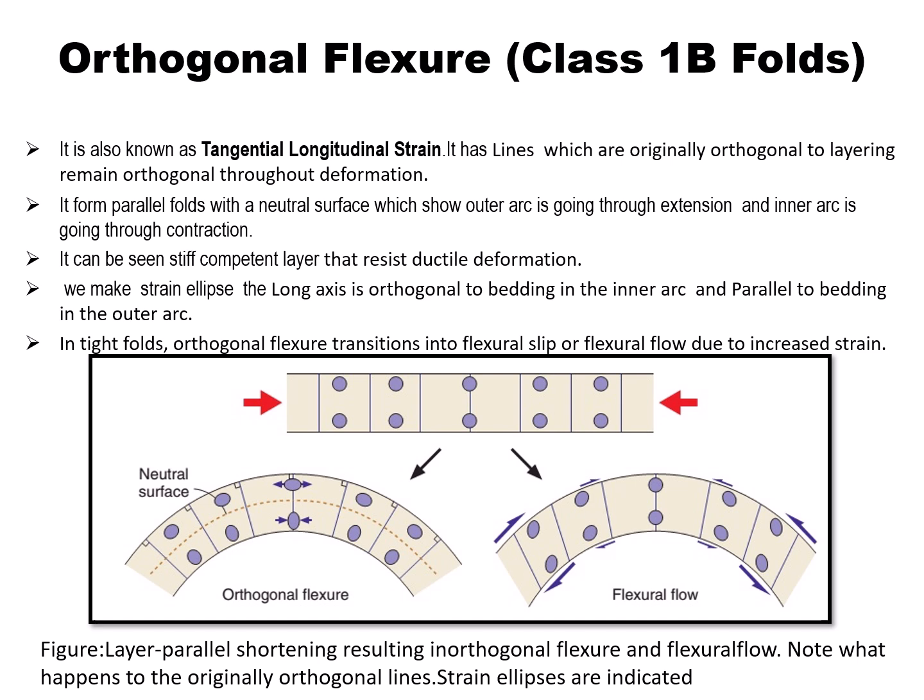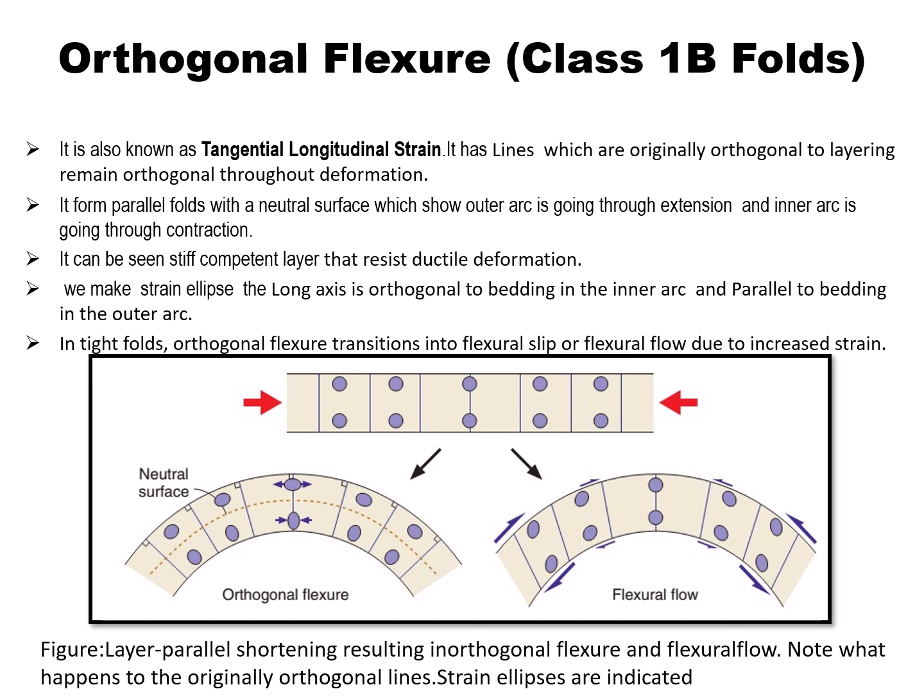Orthogonal flexure, class 1B, is also known as tangential longitudinal strain. It has lines which are originally orthogonal to layering and remain orthogonal throughout deformation. It forms parallel folds with neutral surfaces, where the outer arc goes through extension and the inner arc goes through contraction.